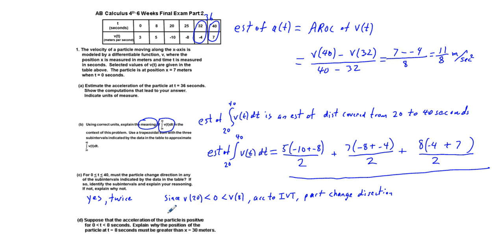And also, since, now we're looking at this interval between t equals 32 and t equals 40, 0 is greater than v(32) but less than v(40).